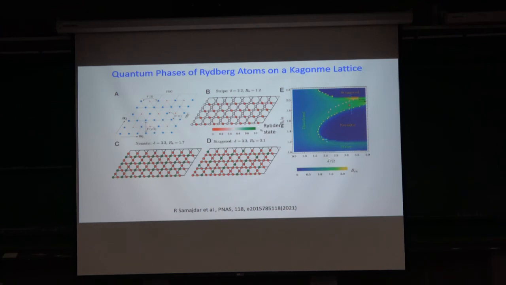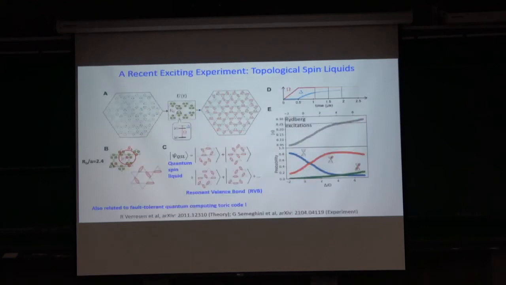What is shown here, the green side is the Rydberg atom. These are just simulations, but this kind of simulation has been realized recently. With different laser parameters, different kinds of states can be formed, and so you can study different quantum phases.